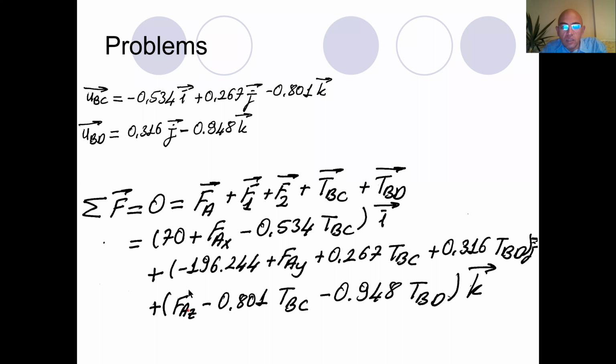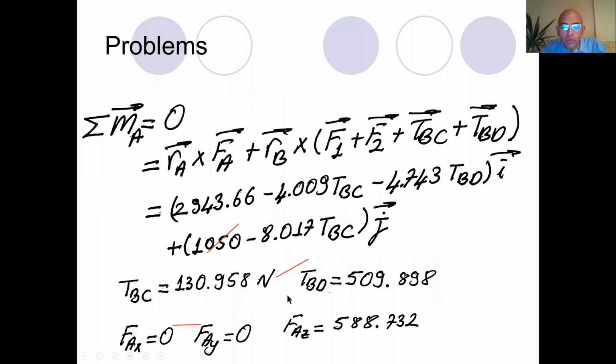And at last, if I substitute the TBC and TBD here, I can calculate the FAZ from this equation. So FAX is 0, FAY is equal to 0, and FAZ we find as 588.732 kilonewtons.